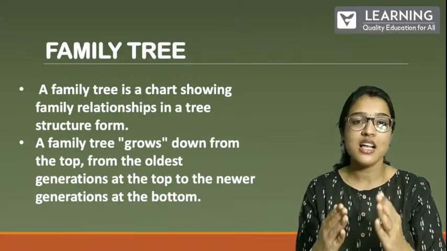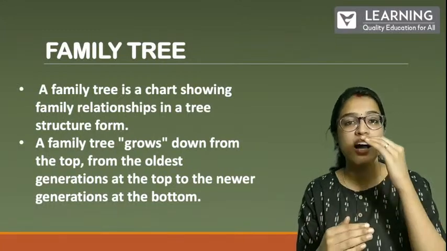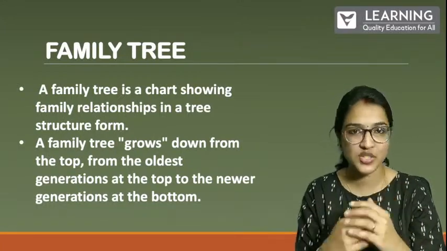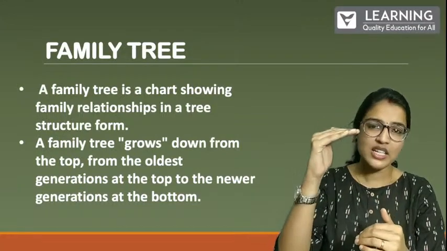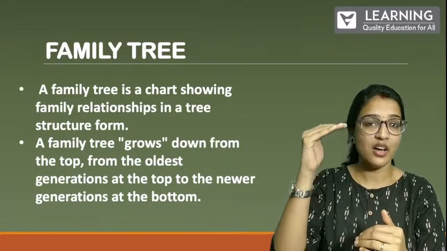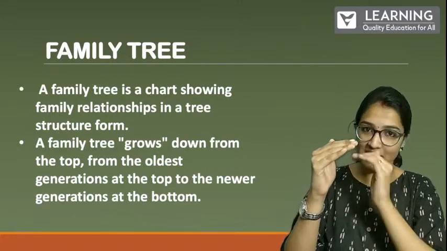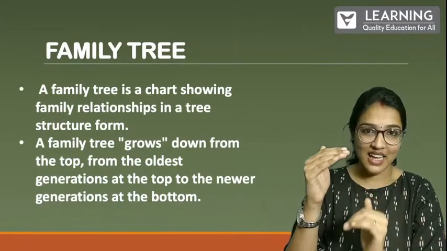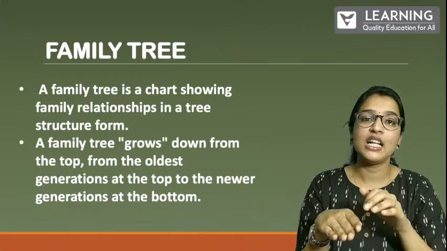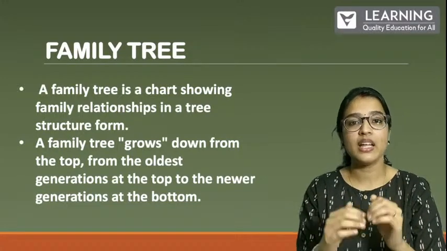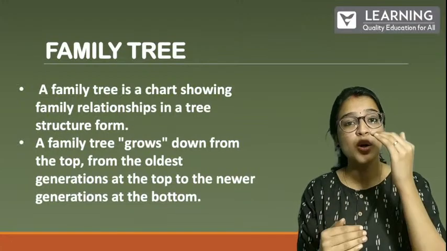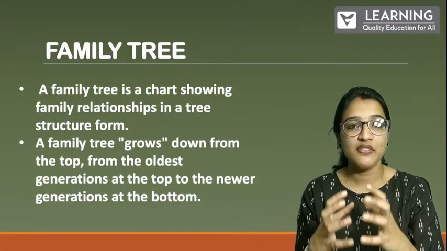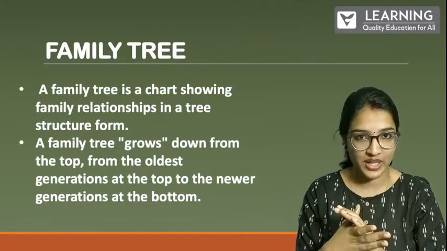So this is how we have to place our family members on the tree. It is a descending order, right? On the very top, we will be placing our older generations, then comes the next generation, then the other, and finally at the bottom, we will be placing the kids.